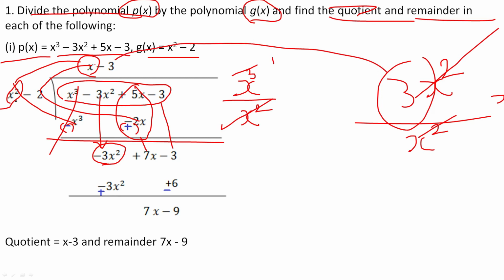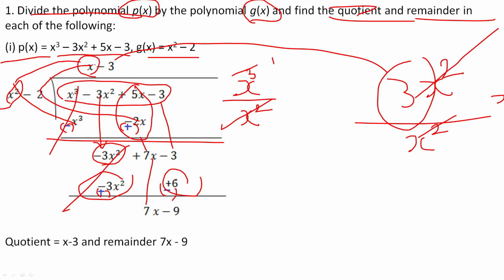Again 3 multiplied by x square, you will get 3x square. 3 multiplied by minus 2, you will get minus 6. Change the sign: minus 3x square plus 6. These two will get cancelled. So bring down 7x.